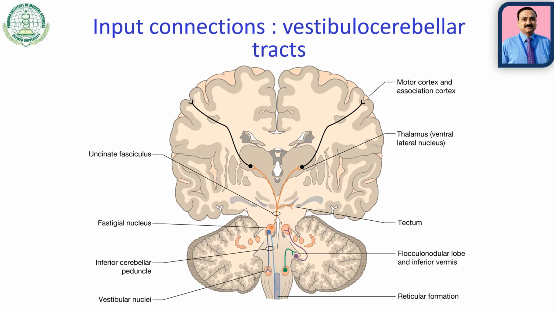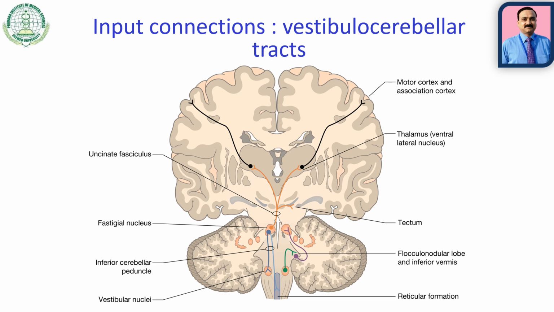Another group of vestibulocerebellar fibers, you can see vestibular nuclei through the flocculonodular lobe and inferior vermis, and then from here it goes to the nucleus fastigii. So there are two pathways.